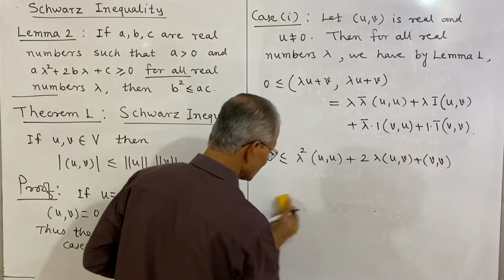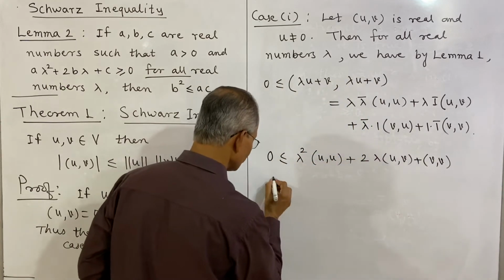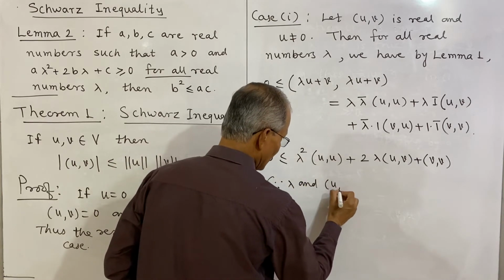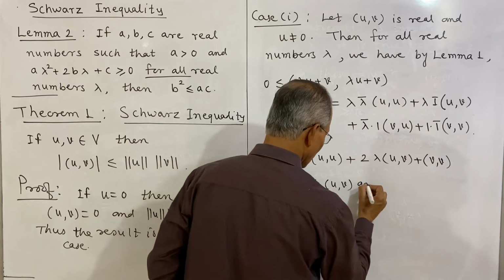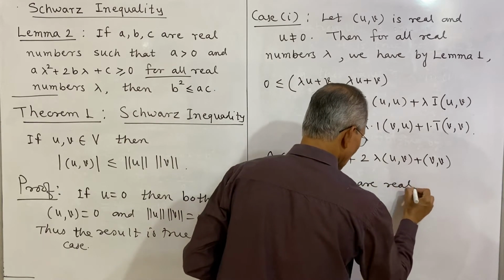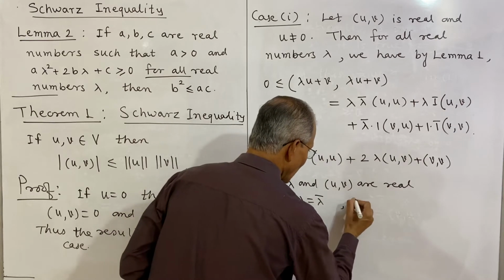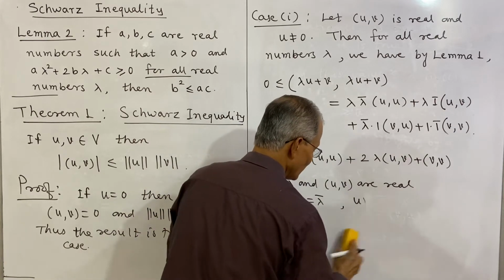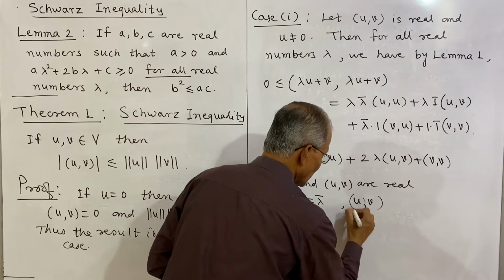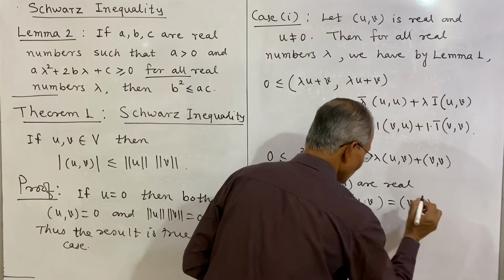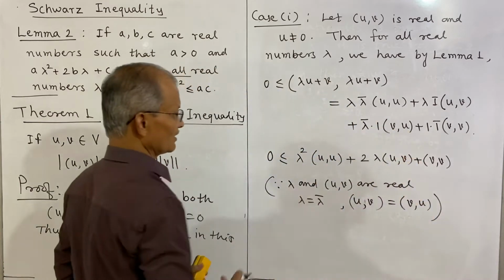So we can write the reason here as, since lambda and inner product of u and v are real, lambda is equal to conjugate lambda, and inner product of u and v is same as inner product of v with u. So therefore we get this relation.